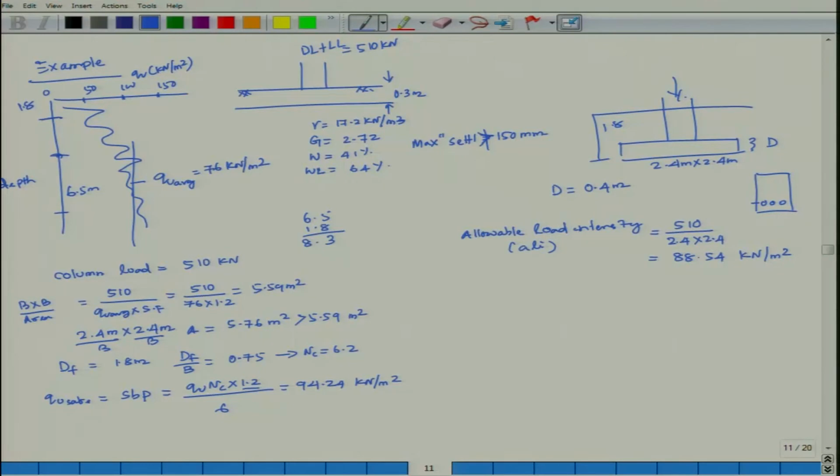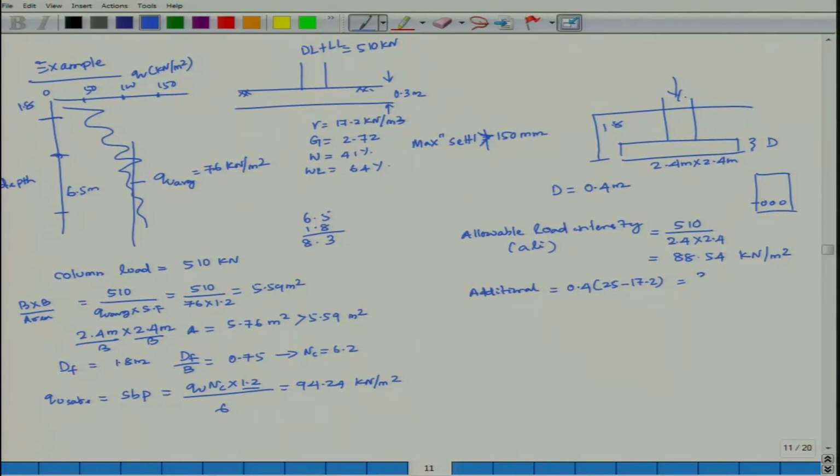Now, additional load intensity because of this will be 0.4 into 25 minus 17.2, taking into consideration 0.4.